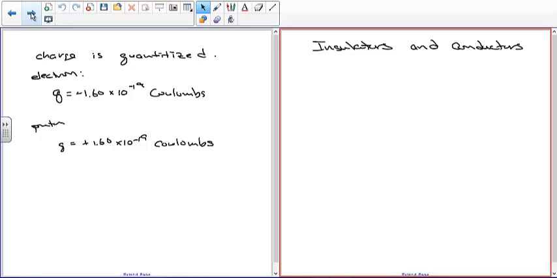Then you've got certain materials that have a tendency to allow the movement of electrons through them, and some that don't. So, let's see, write this down.